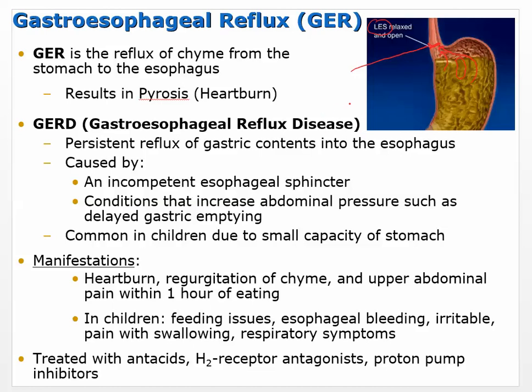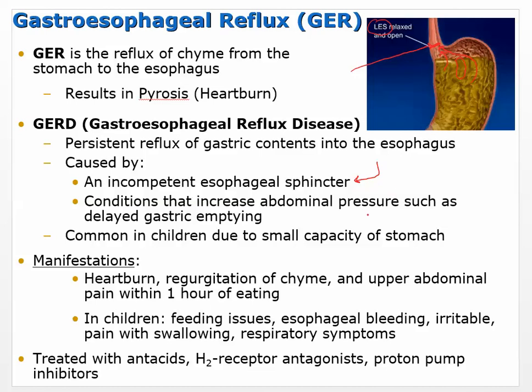If it's persistent, so this has probably happened to everybody, but if it's persistent, then we give it the classification of GERD, gastroesophageal reflux disease, and that's when it continues over and over to reflux the gastric contents into the esophagus. This could be caused by an incompetent esophageal sphincter. Remember, incompetent valves are not closing right and are letting things back through, regurgitation.